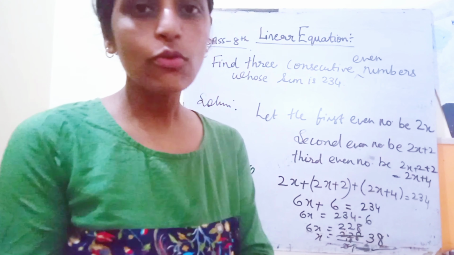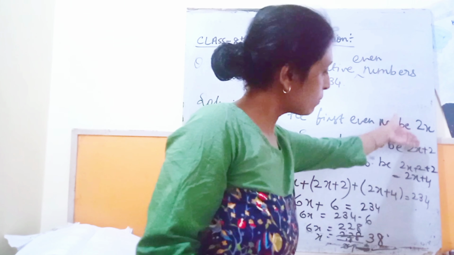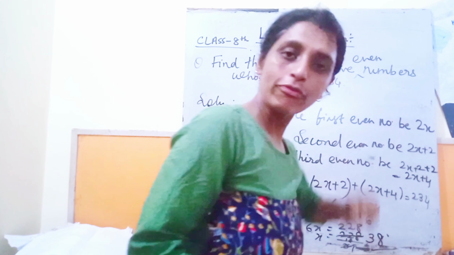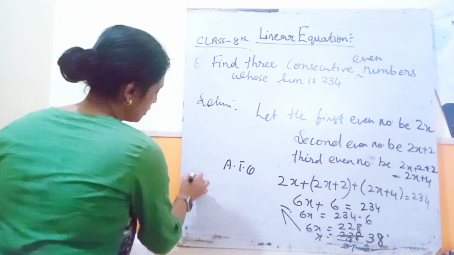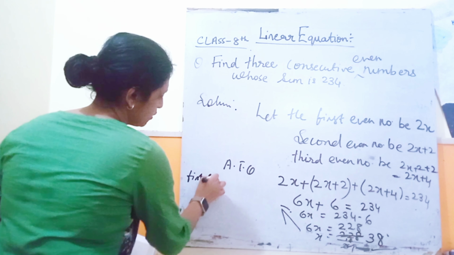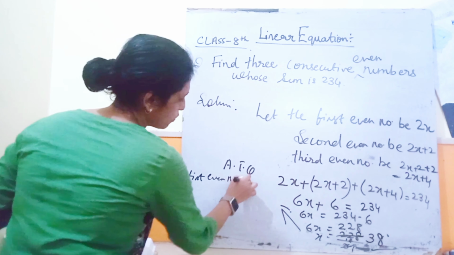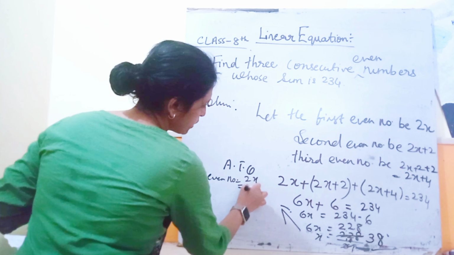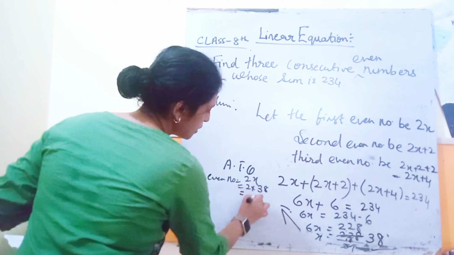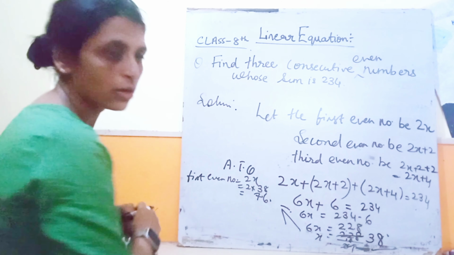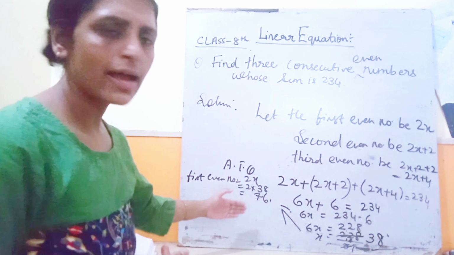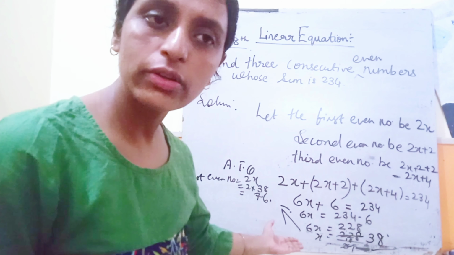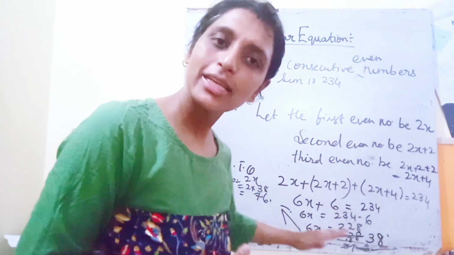Now we can easily get the even numbers by putting the value of x here. So the first even number is equal to 2x, that is 2 into 38, that is 76. Now either you can just put the value in this equation and find out, or you can simply add 2, because we need consecutive, so we will be adding 2 to each of these numbers.